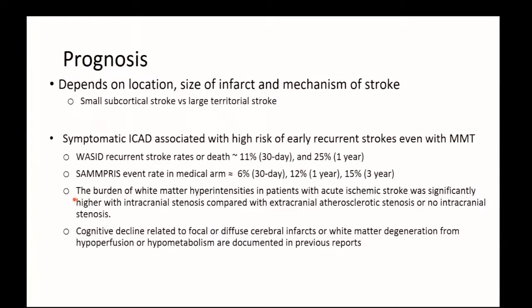They had more white matter changes. They had cognitive decline. Some looked into the cognitive functions of these patients, and they had cognitive decline related to the focal or diffuse infarction, white matter degeneration, and hypoperfusion. They did metabolic scans in these patients, and hypometabolism was documented in these areas.